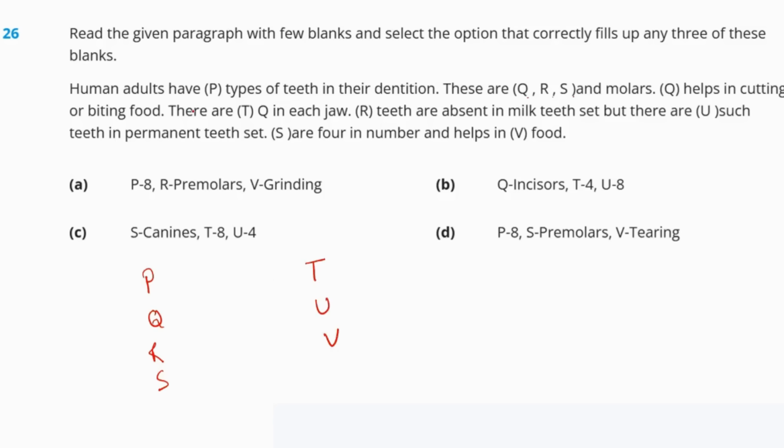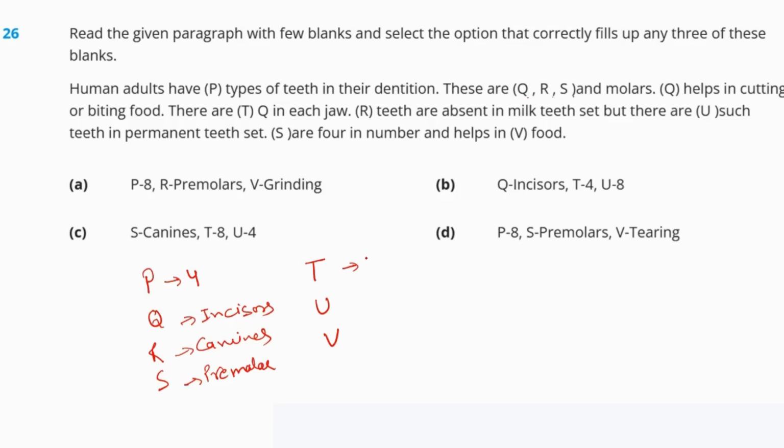Right. So how many types of teeth do we have? We have 4 types of teeth. What are the names of them? We have incisors, canines, premolars, and molars. How many incisors do we have in our mouth?